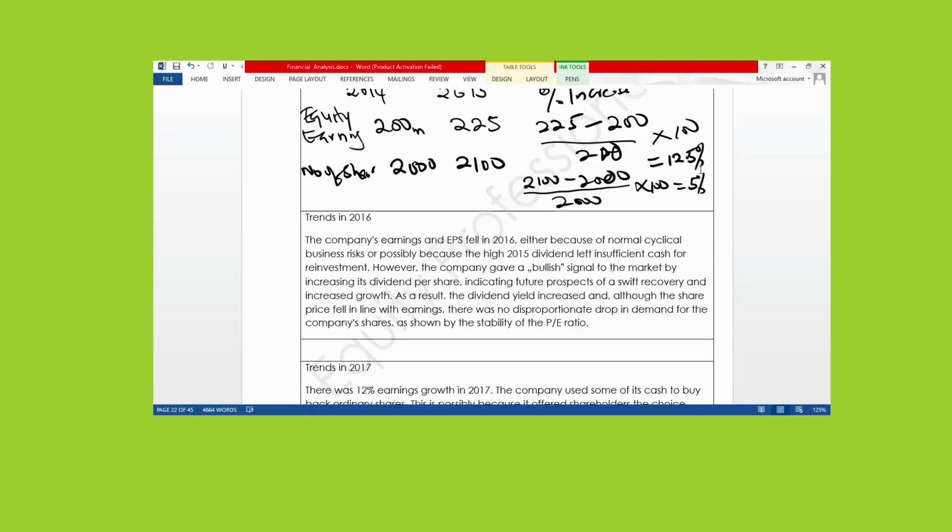You are trying to reassure the investor that notwithstanding falling earnings, our company's future is still very bright. Look at this: a bullish signal to the market by increasing dividend per share, indicating future prospects of a swift recovery and increased growth.